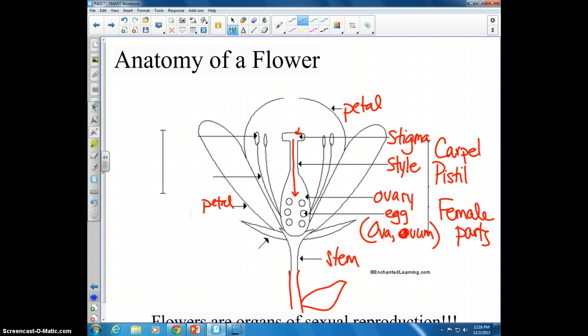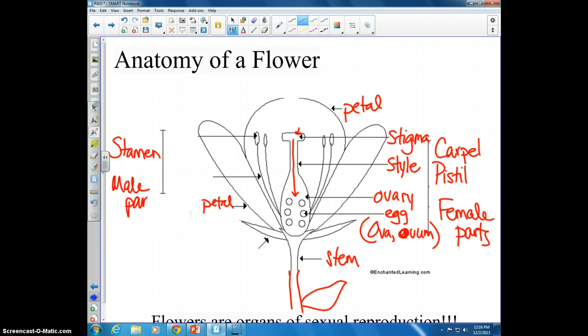So if on the right-hand side we have all of the female parts, what do you suppose is over here on the left-hand side? The male parts. And when you have lots of males together, we call them men. Does that help you remember what the male parts are called? Stamen. The male parts are the stamen together.